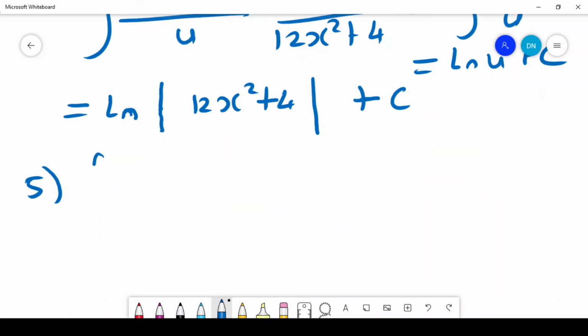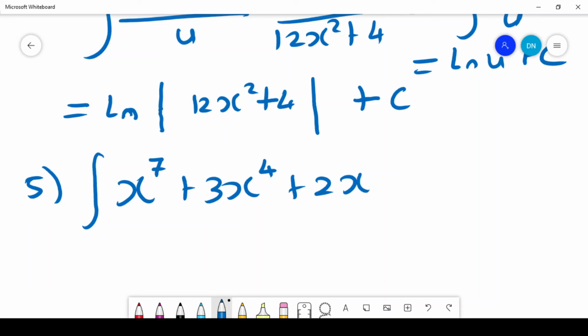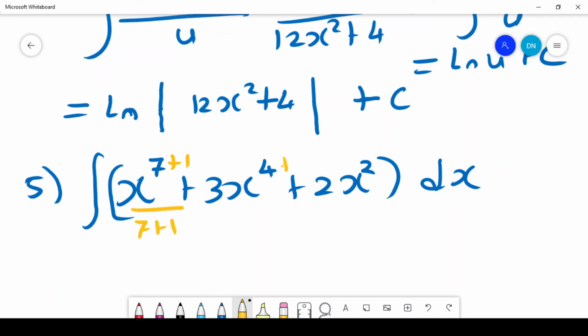And this is the integral of x raised to power 7 plus 3x raised to power 4 plus 2x squared dx. Remember, because you're integrating, you just increase the power by 1 and you divide by the new power.